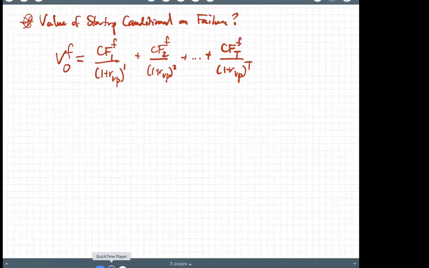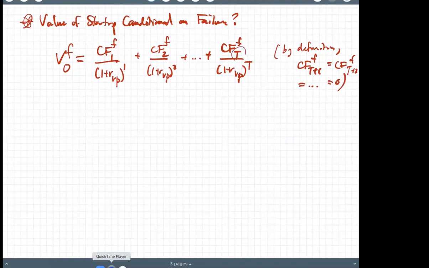Because success means that you continue to have a positive value at the exit date so that you can exit at a positive value. So by definition, cash flow at t plus 1, cash flow at t plus 2, conditional on failure, and so on and so forth, are all equal to 0, because if you fail, you'll fail by the exit date.